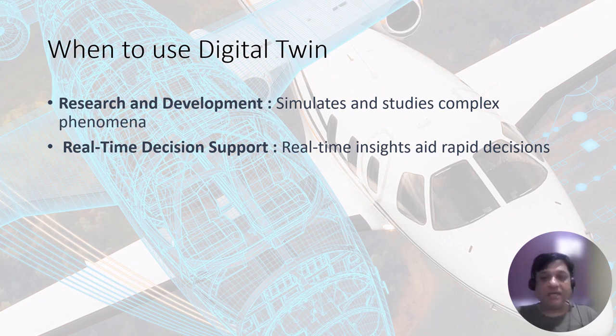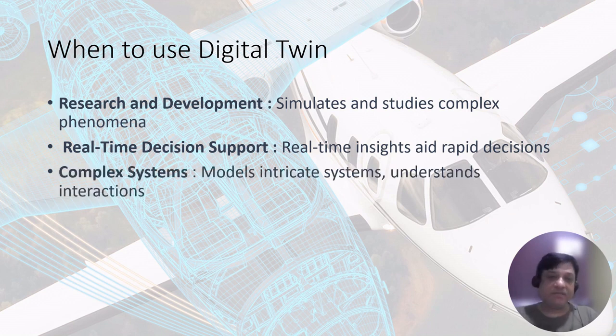In dynamic and rapidly changing environments, digital twins provide real time insights, helping the organizations to make informed decisions quickly. The next one is complex systems, wherein they are used to model and understand intricate systems with multiple interacting components such as power grids, water distribution networks, and industrial processes.